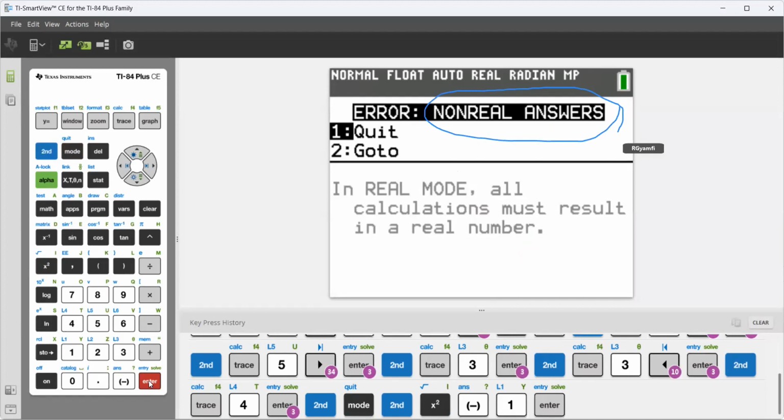We have a non-real answer. So this is telling us that this is not a real solution, not a real number. This brings us to what are called complex numbers.